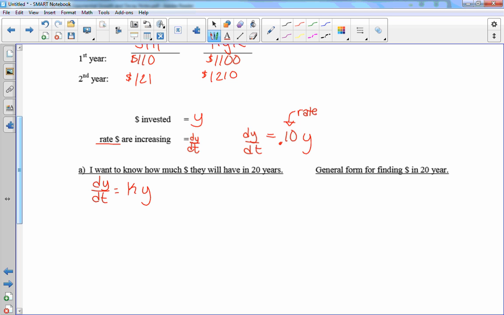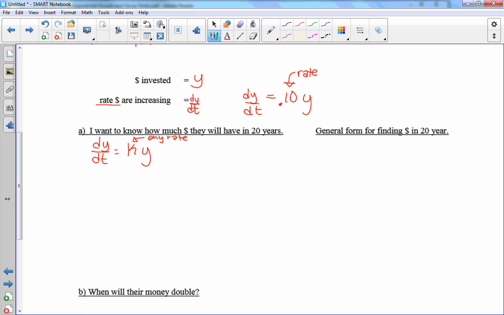And the K is any rate. Before we start plugging things in, first make sure you know the general form, what you're writing. First, write the general form, without plugging in information that you know.